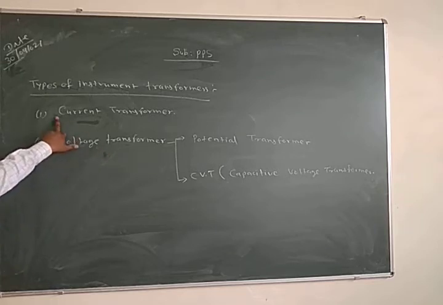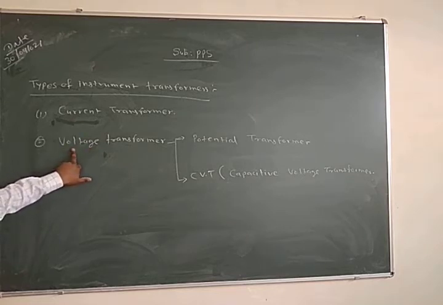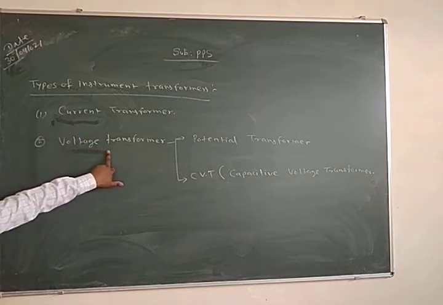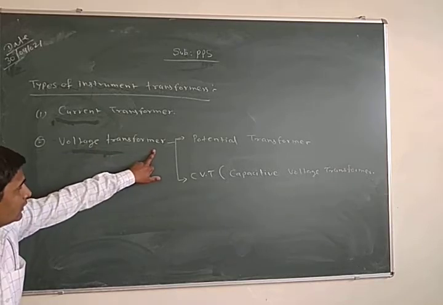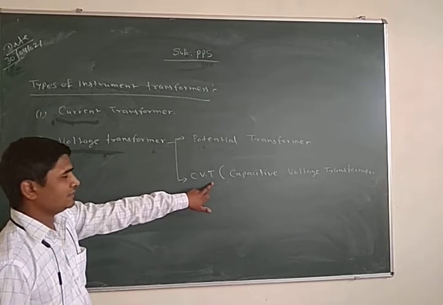The output of current transformer is current at a reduced current value, and output of voltage transformer is voltage at reduced magnitude.